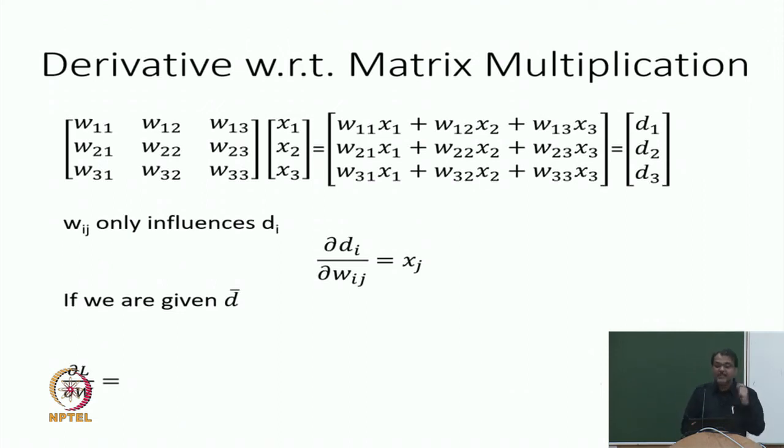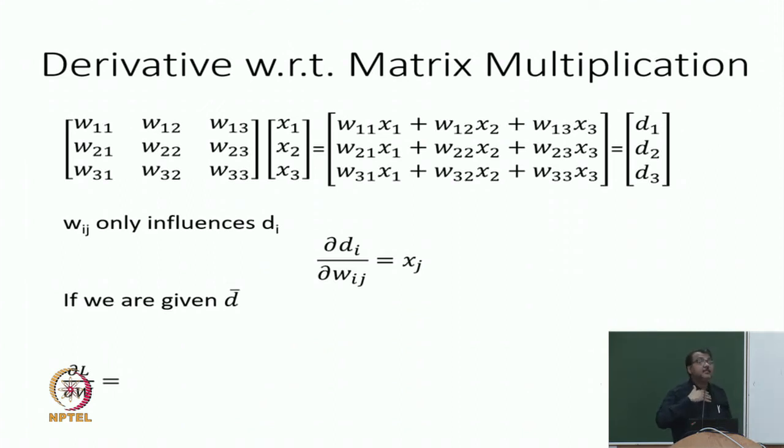So, let us look at any one of them, because if you look at any one of them, life would be easy. So, let us look at W21 for example. And look at this expression, and let's say I am given d bar. And remember, we multiply these things. So, what would be derivative of loss with respect to W21? Which d bar will flow back?